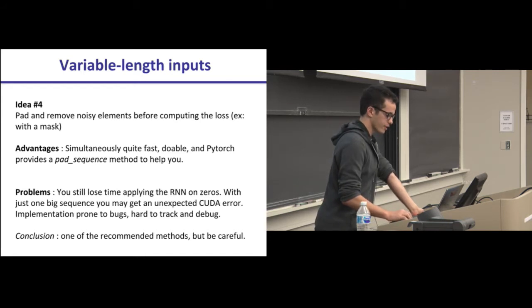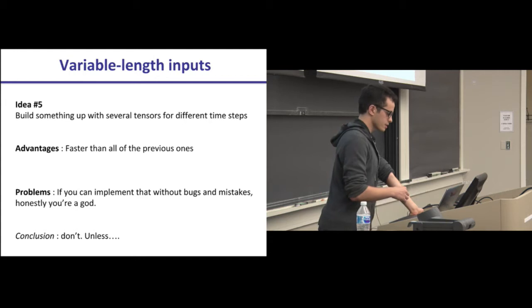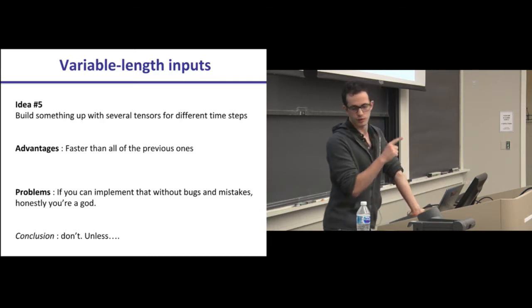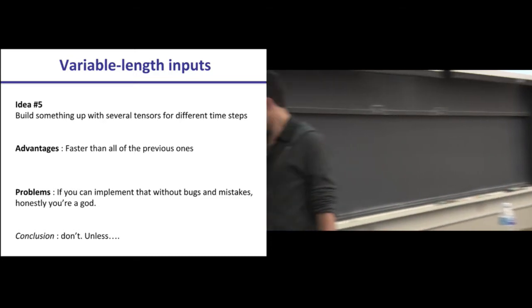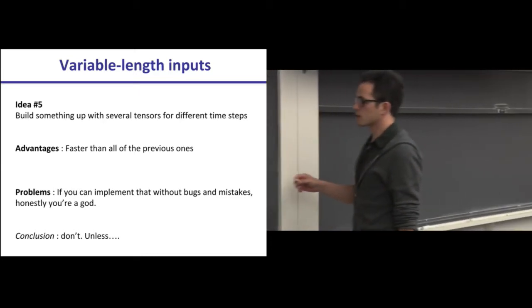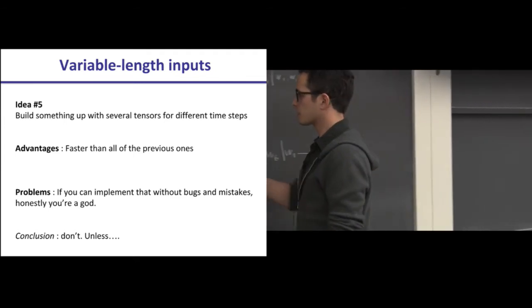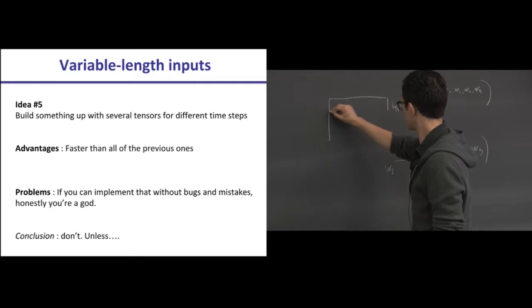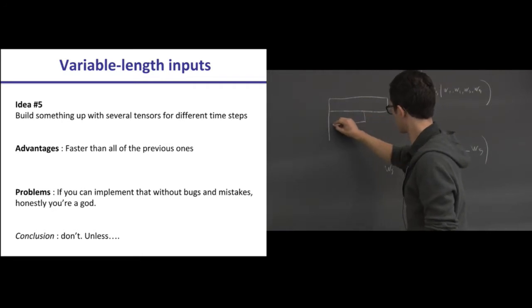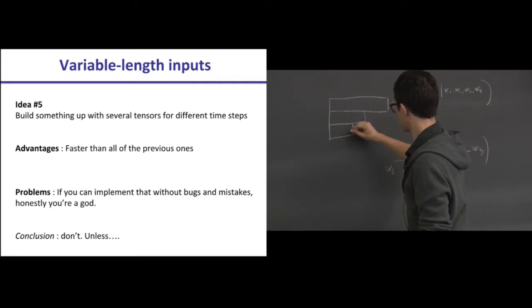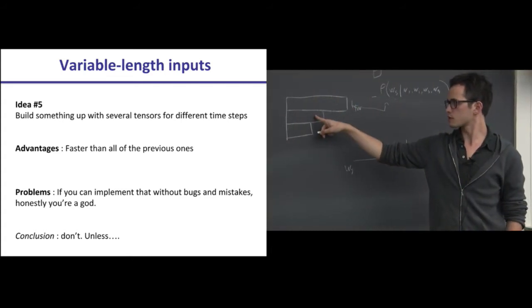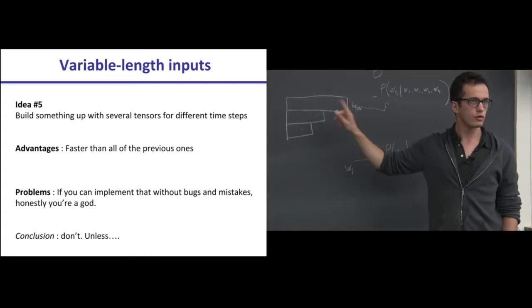Now, another thing you might want to do is just feed the network with what you want to feed it with. Let's say you have a batch like this. You've got a batch of 3 elements: one long sentence, one medium sentence, one short sentence.